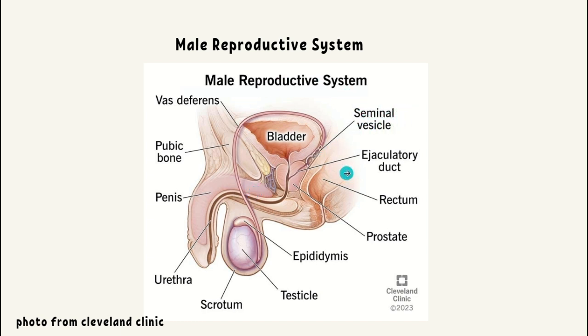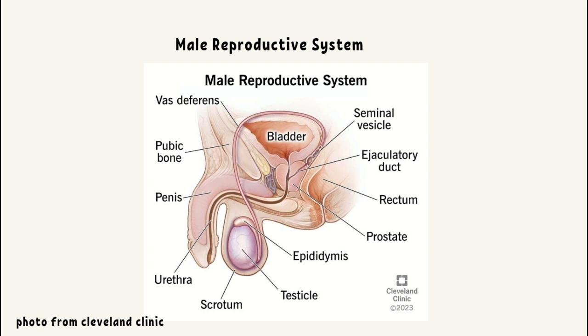And then you probably say, what are the seminal vesicles? Basically, they are glands that produce a fluid rich in fructose, which nourishes the sperm and makes up a large part of the semen. So everything is working together in this reproductive system.